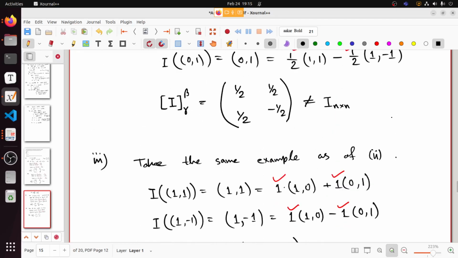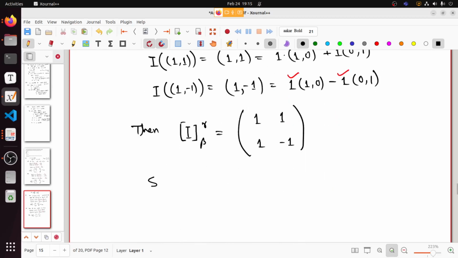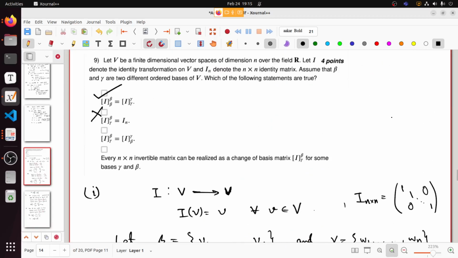You can see that these two matrices are not the same. So I beta gamma is not equal to I gamma beta, right? So option number 3 is also false, incorrect.